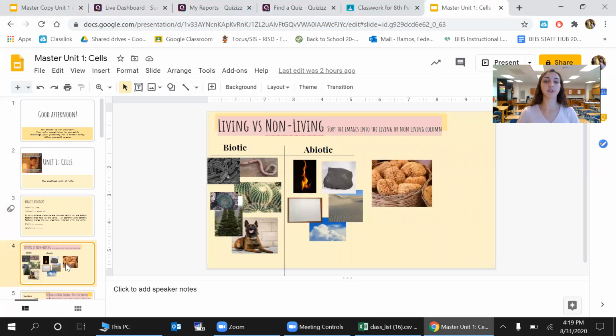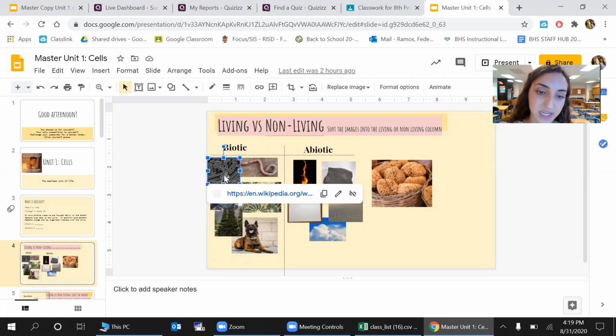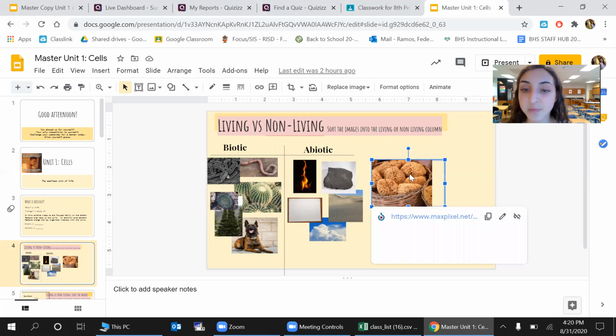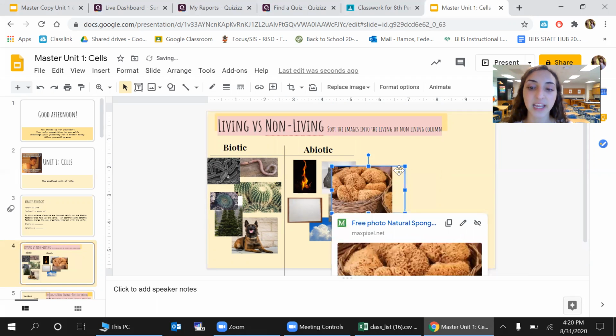In this slide, we've also organized different organisms or things that would be considered non-living or living. We have the sea anemone, bacteria, our sea sponge here. It is out of the water and it is pretty dead, so we put it in abiotic right there.